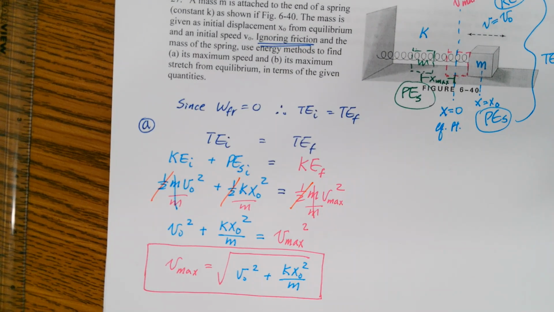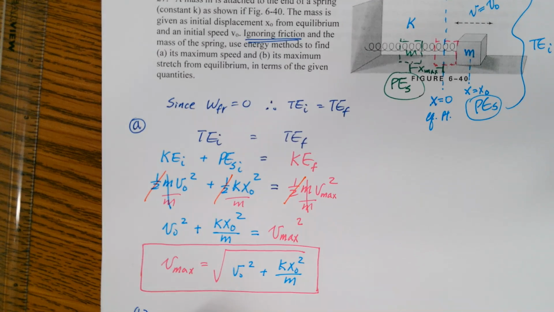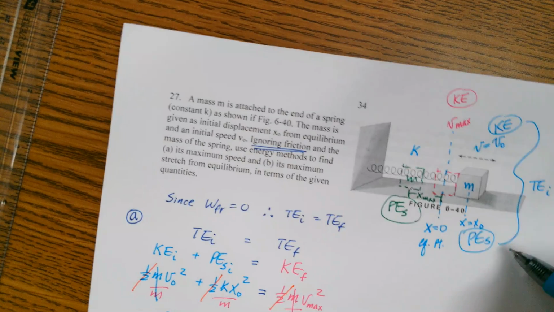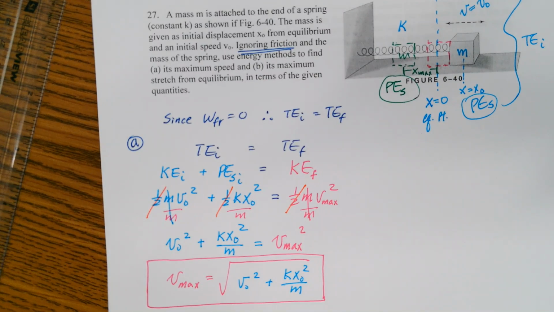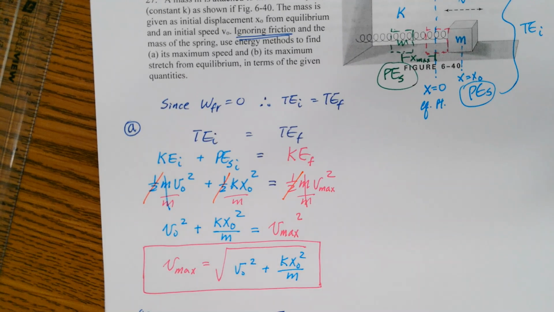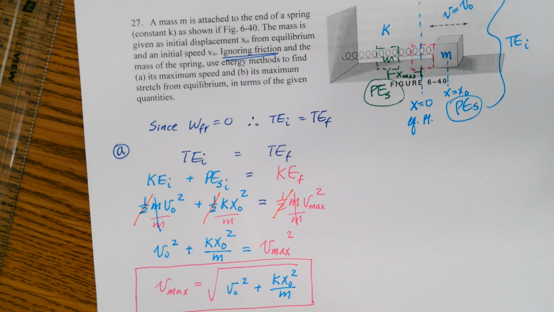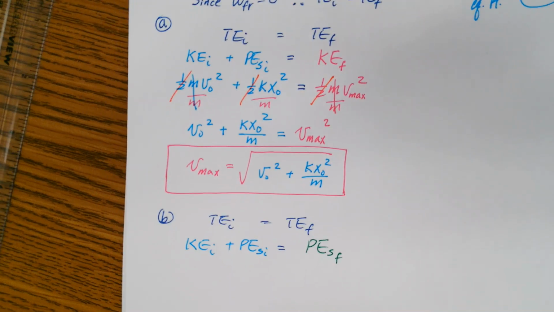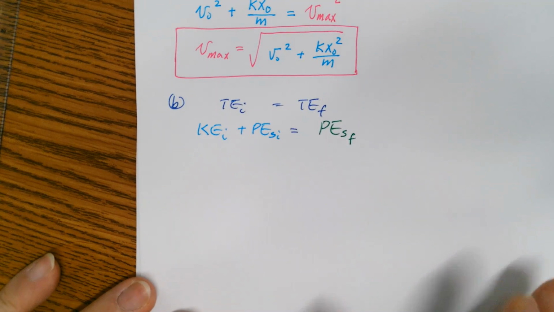So for part B, total energy initial is equal to total energy final again. And total energy initial is the same thing that I start with, which is kinetic energy initial plus potential energy of spring initial. That has to equal, instead of kinetic energy final, potential energy of spring final. Okay?